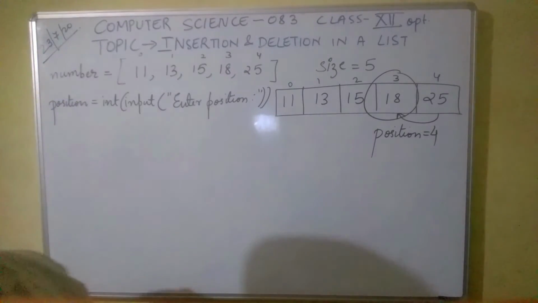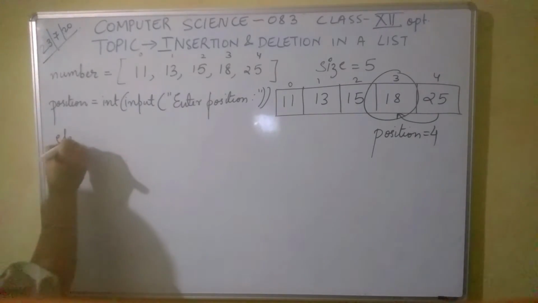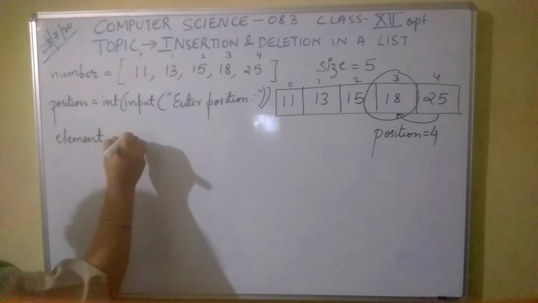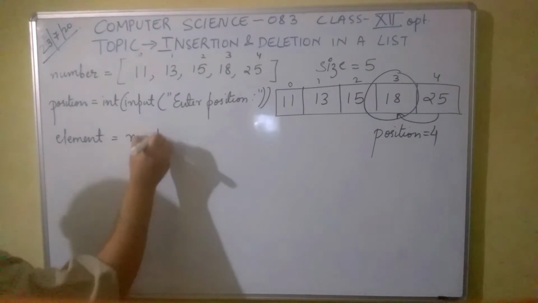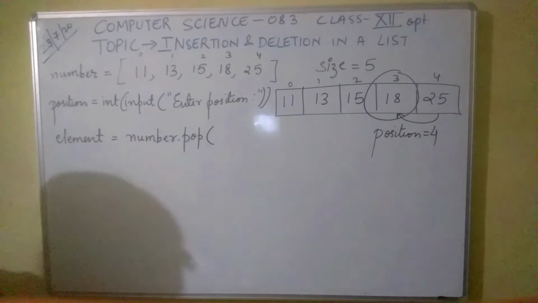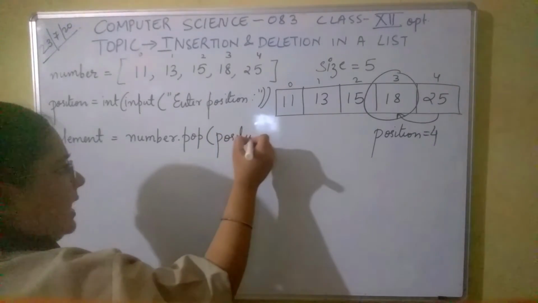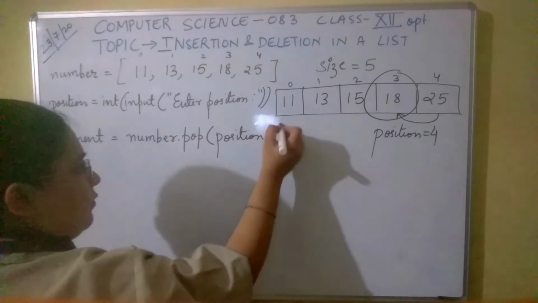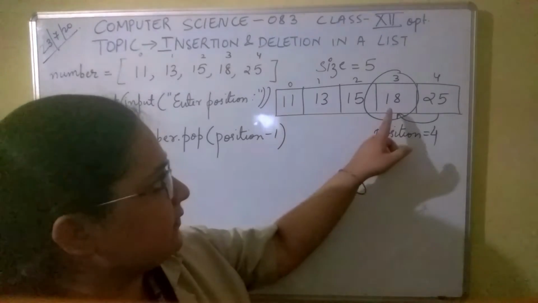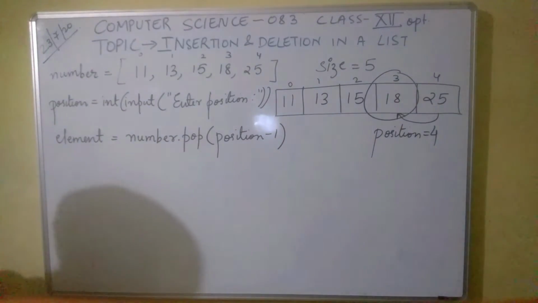But here, in case of lists, we are simply going to write number.pop, and we have to send the index value. The index will be sent as position - 1. Whatever the position is, if position is 4, then index will be 3. So that position has been sent over here.